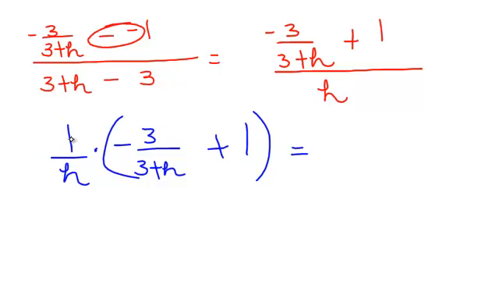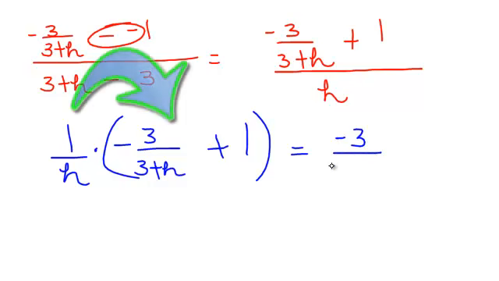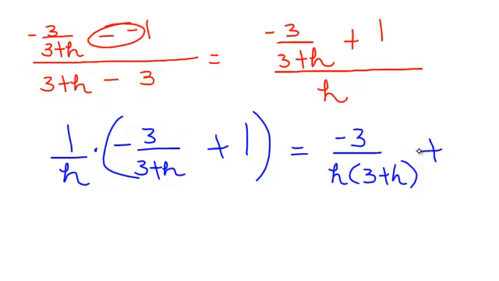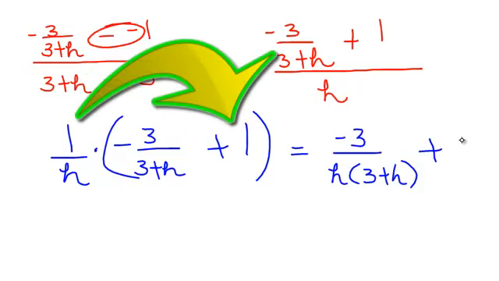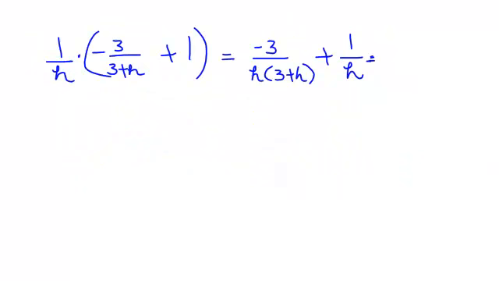Let's do a little distributive property. I'll have negative 3 over h times 3 plus h plus 1 over h times 1, which is just 1 over h. In order to add these, I need a common denominator.